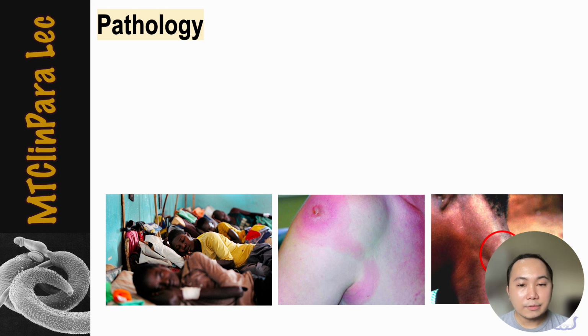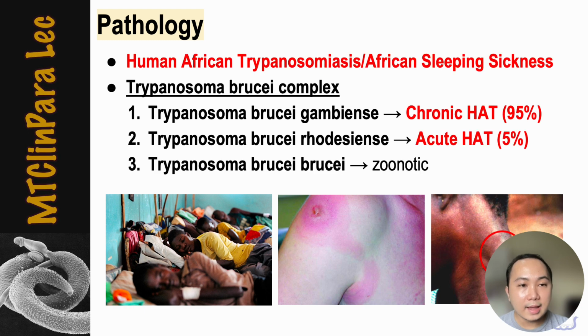So let's go to the pathology of our Trypanosoma brucei complex. So the general pathology is also known as human African trypanosomiasis, or more commonly known as African sleeping sickness. So as I have said a while ago, your brucei complex is divided into three several species. Your gambiense is more commonly associated with the chronic type of African sleeping sickness or human African trypanosomiasis.